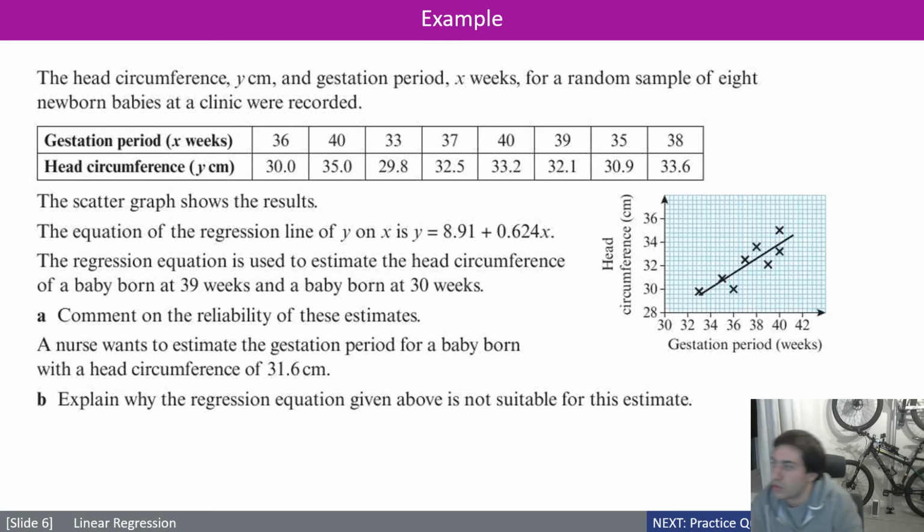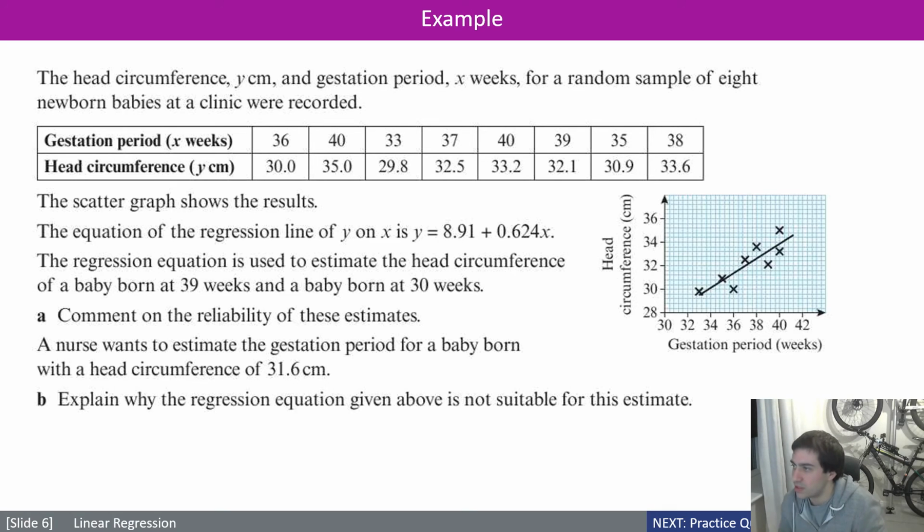Okay, so some real world stuff. We're talking about newborn babies, and we're comparing the circumference of the baby's head, which is y, and how does that depend on the gestation period, x weeks. And that was done for 8 newborn babies.